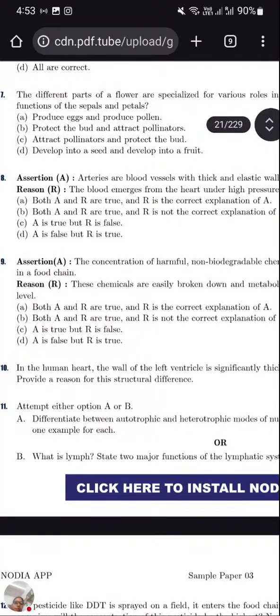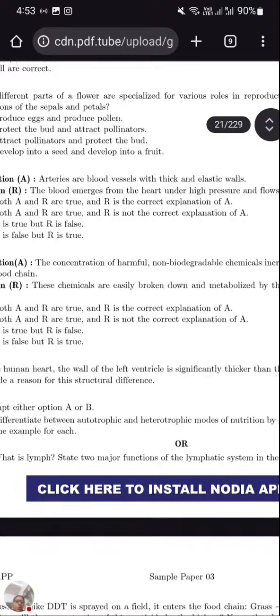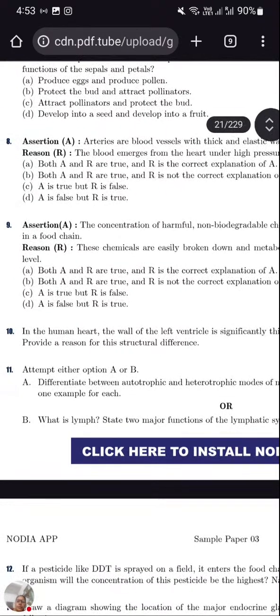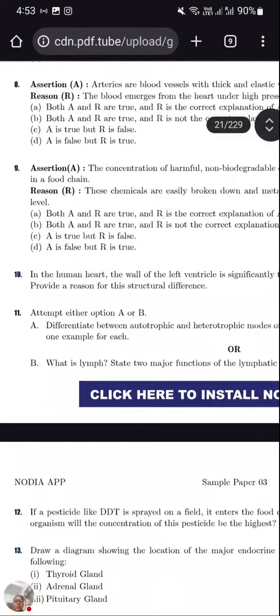So the assertion and reason are both true. Option number A. Now we completed the MCQs.